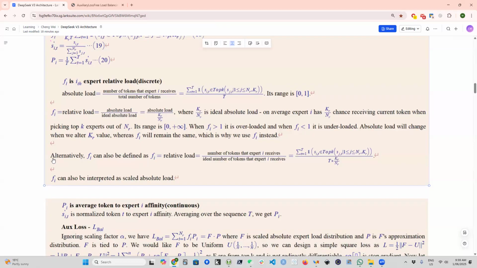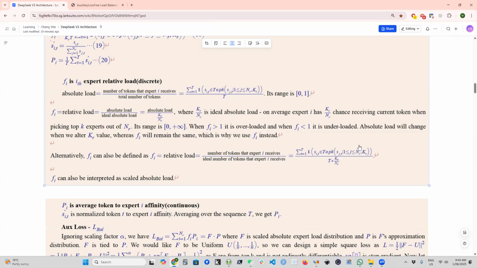So alternatively, f_i can be redefined as this. A relative node: the number of tokens that expert i receives divided by the ideal number of tokens expert i receives. So we rearrange this expression. We move T down and we leave only this one up. So you can interpret it this way. Ideally, each expert should receive this much token, right?